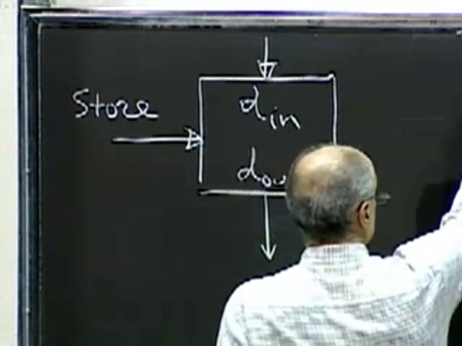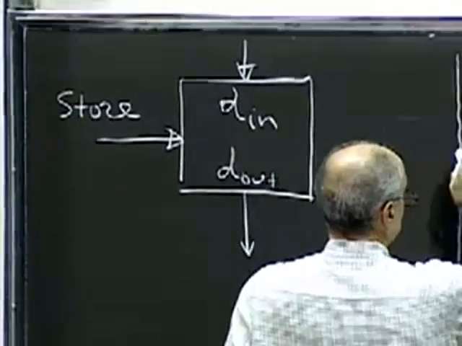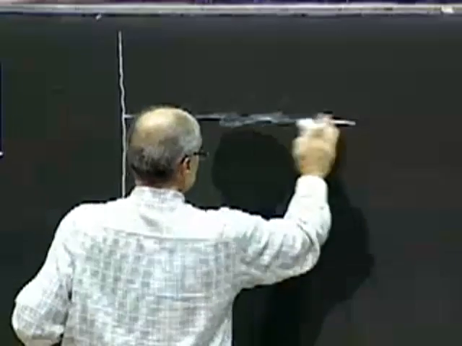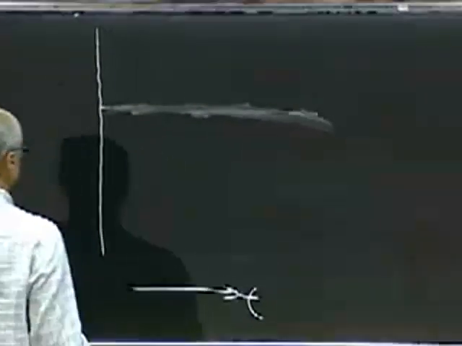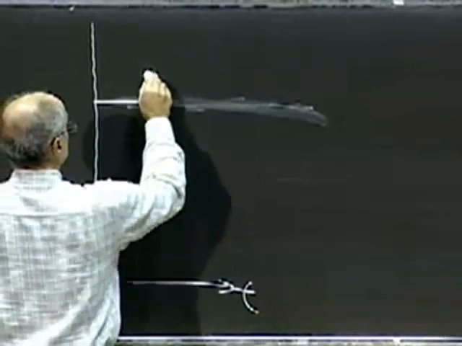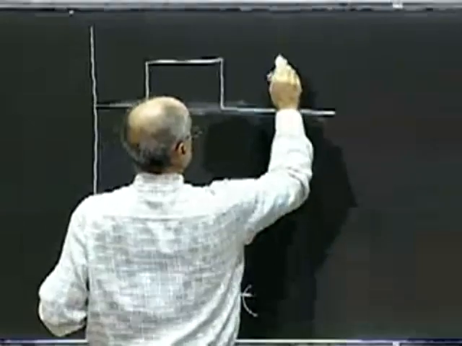So if we were to make a drawing of what this looks like, let me do all this in one axis. So time moves this way. Let's suppose that we have an input D in that looks like this.